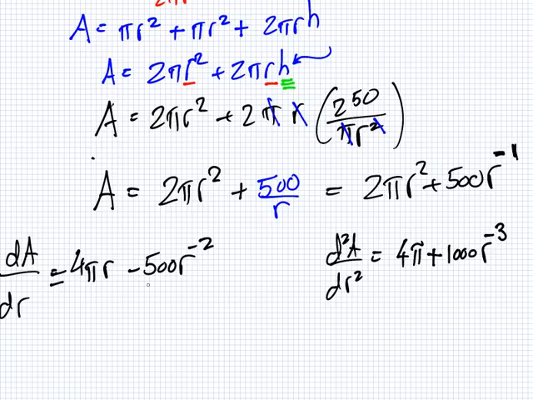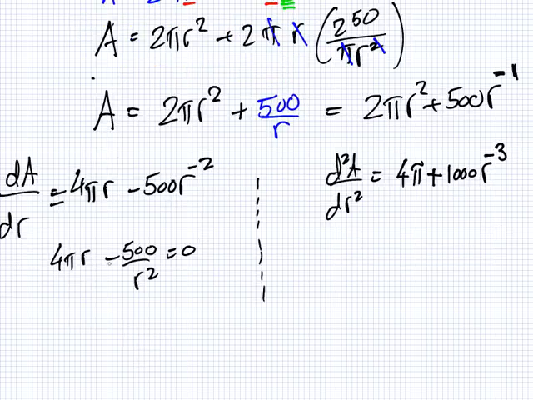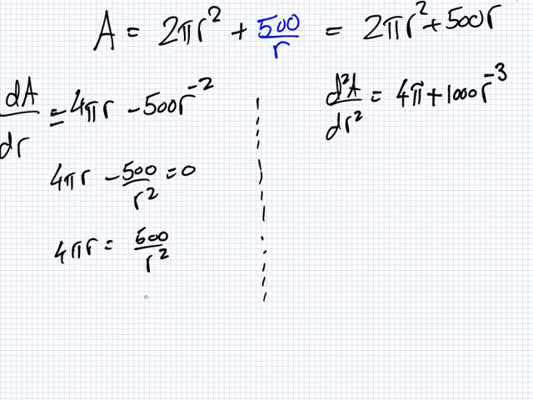Okay, so we want this to equal 0. 4 pi R minus 500 over R squared equals 0. 4 pi R equals 500 over R squared. R cubed equals 500 over 4 pi. So R is the cube root of this number.